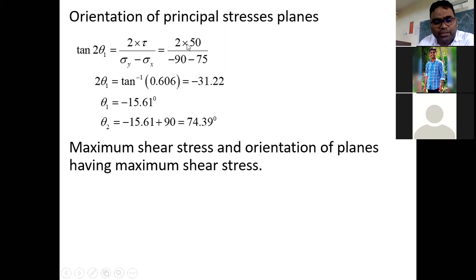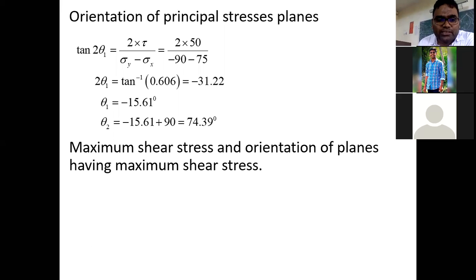Sigma y minus 90 and sigma x is plus 75, and these values came here, and then you just solve it. So आपको आया फाइनल आंसर is minus 15.61 degree.